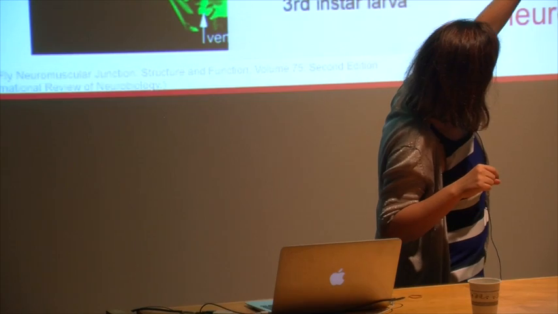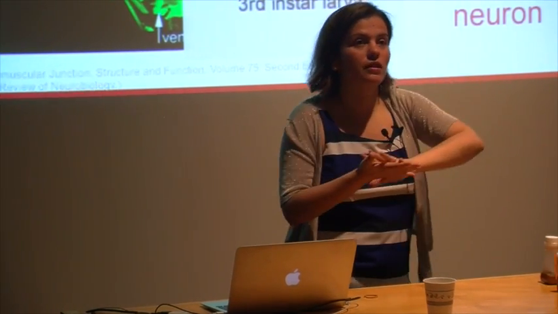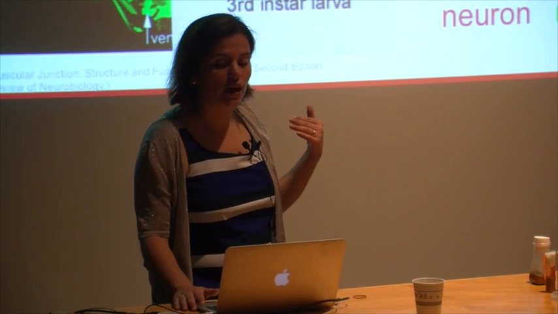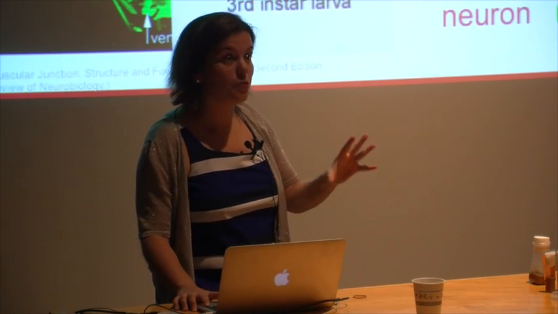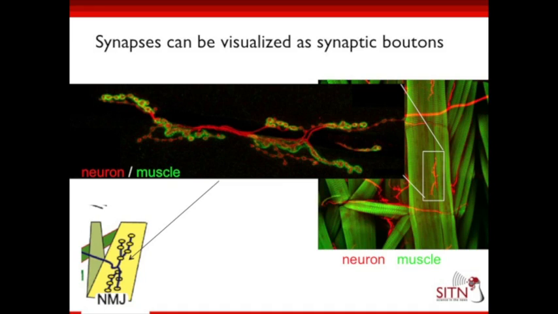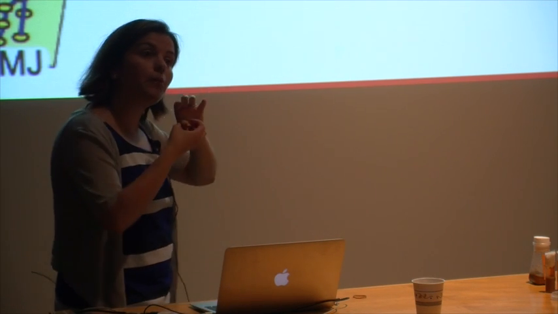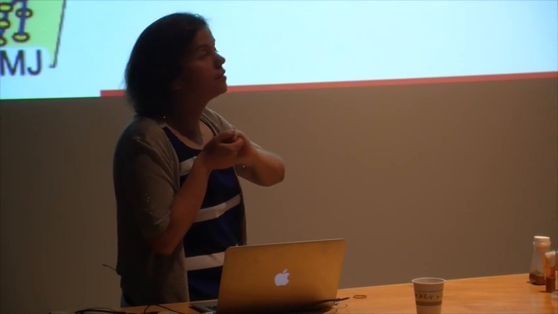And then those red things are the synaptic connections that are making the interaction between the motor neuron and the muscle. If you zoom in on that, this is how a synapse looks under the microscope. In this case, I'm labeling the neurons with red and the muscle membranes and interactions in green.